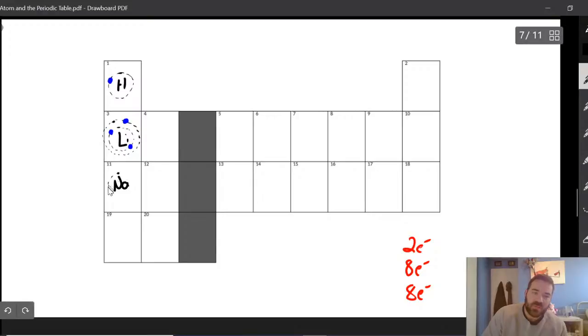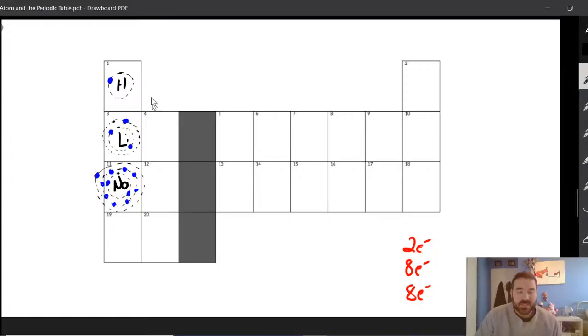So we need to draw 3 shells. 2 on that one, 8 on that one, and 1 on the outside. So we have 2 electrons on the inside, 1, 2, 3, 4, 5, 6, 7, 8 on that one, and then we have 1 right outside here.